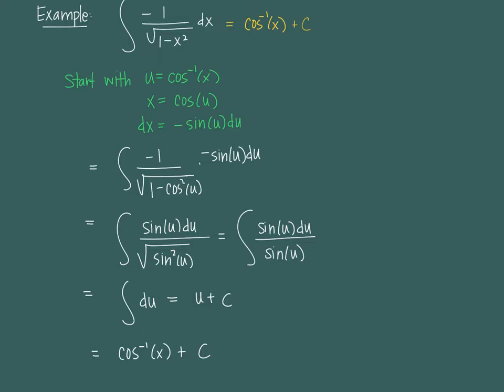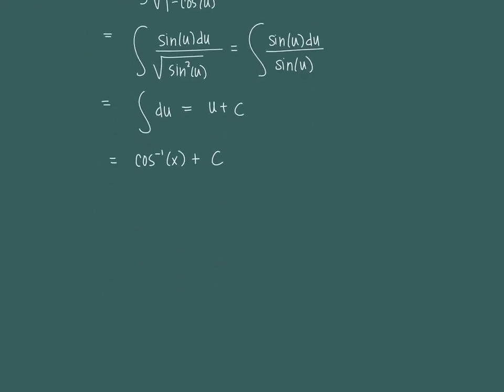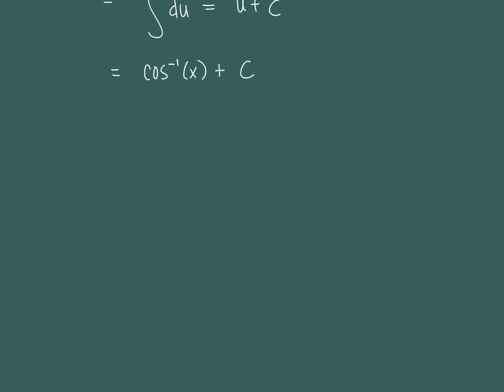I want to do one more of those. We're going to prove one more of them, because there are 6 inverse trig ones. I'm going to prove 2 of them for you. Some of the rest are left for you to do in your homework. All right, so our final example.